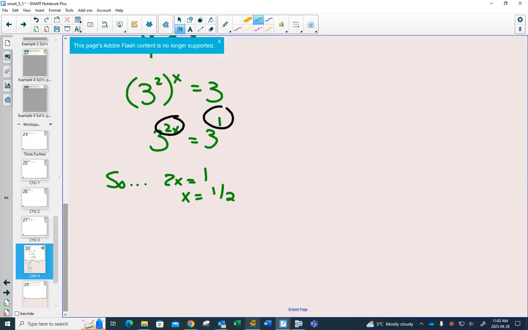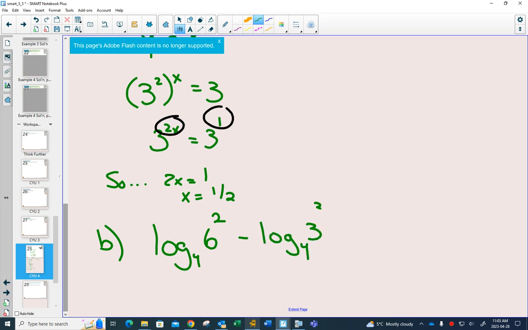Second equation, part B. Again, I'm going to put the exponents in, so we have log base 4 of 6, and I'll put that 2 in as an exponent, minus log base 4 of 3, and I'll put the 3 in as an exponent, plus log base 4 of 12.